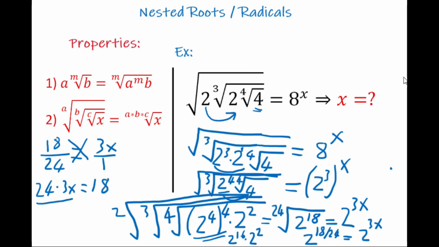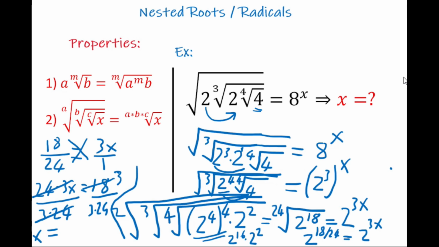If you divide both sides by 3 times 24, these are gone, x is alone on the left. x is equal to 18 can be divided by 6, and once you do it, you have 3.